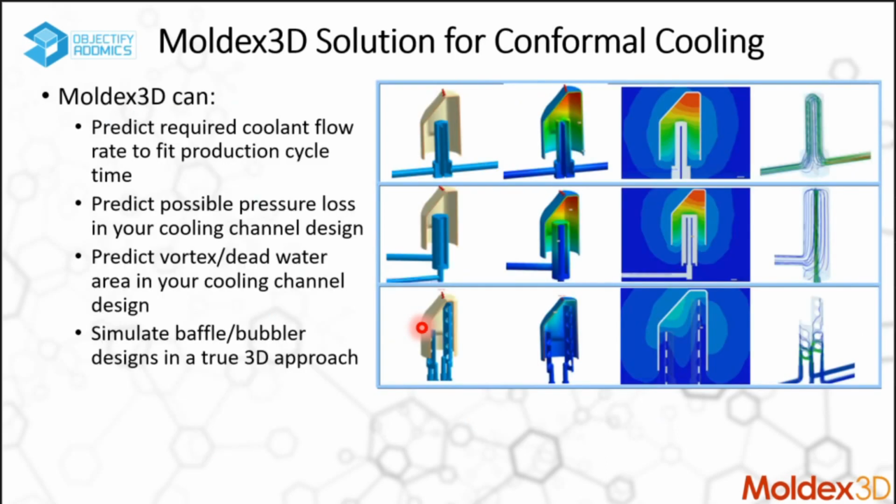In Moldex 3D, the user can check the coolant flow rate and possible pressure loss in cooling channels. It is very easy to find any dead spots where water is getting stagnant and not giving the desired flow rate. Designers can compare multiple cooling design options and choose the one which is giving the best output.